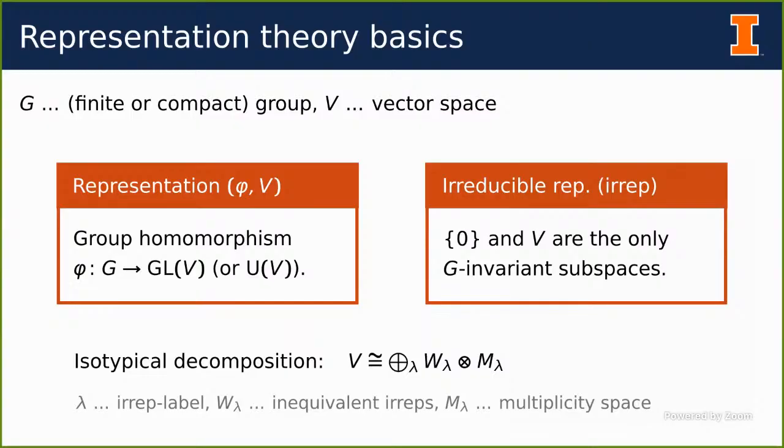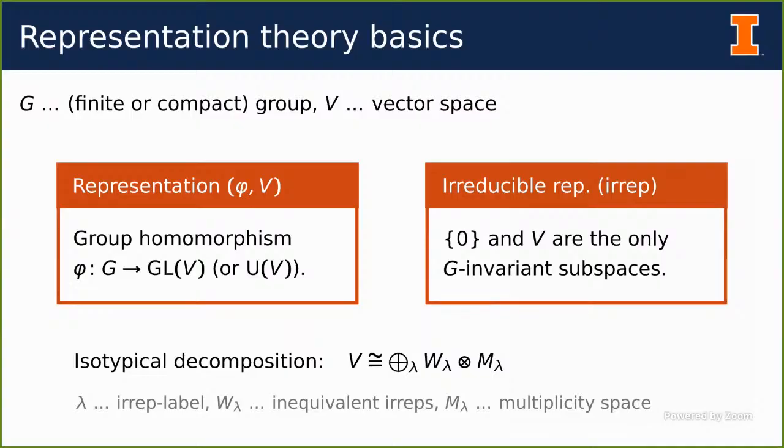And then in representation theory, in certain situations, and for us this is always satisfied with the groups that we talk about, we can completely reduce a representation into these irreps. So we can find some basis of the full representation space such that I can write it as a direct sum. Think of this as orthogonal parts of your space, where each of these irreps appears a number of times. Usually the way I do this is that I have some index that labels my irreps.